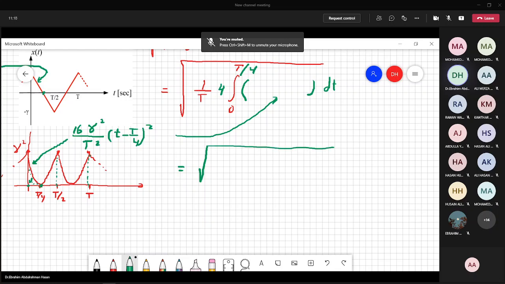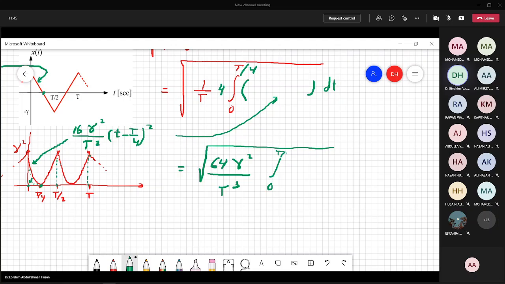So here we have 16 multiplied by 4, which is 64 gamma square. Here we have T, and from here we have T squared, so T cubed, divided by T cubed. Then integration from 0 to T over 4 of t minus T over 4 squared dt.